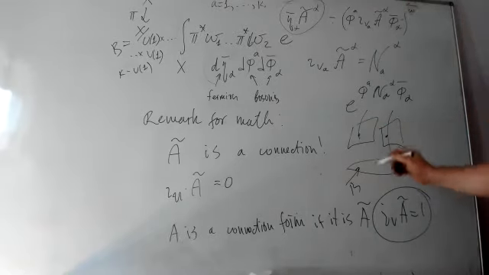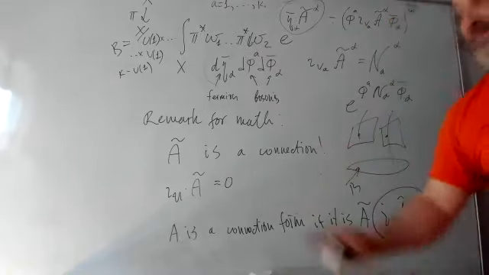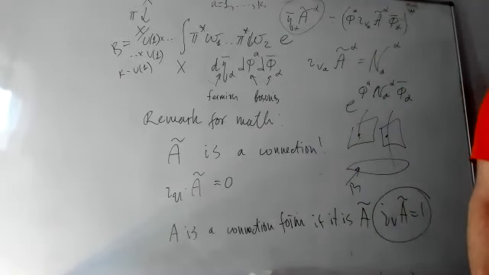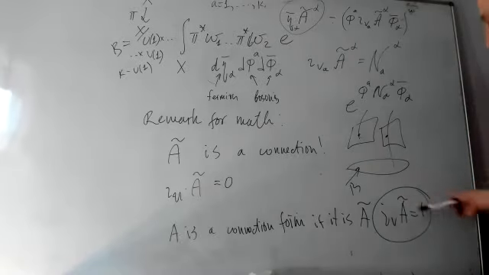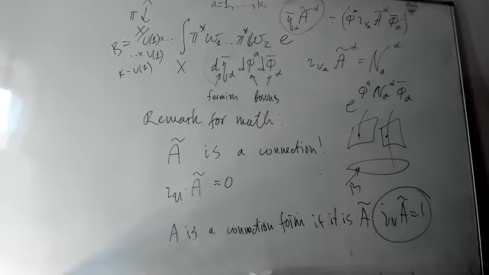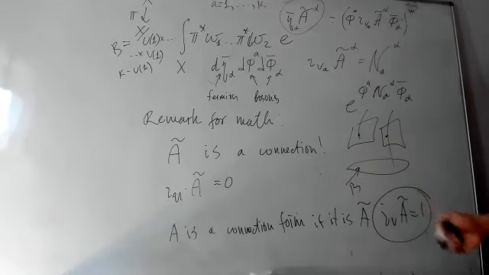To get this space, you do not need A tilde to be normalized. But there is also a normalization condition that you may put for convenience. So for mathematicians, it's a subtlety between the connection and the connection form.